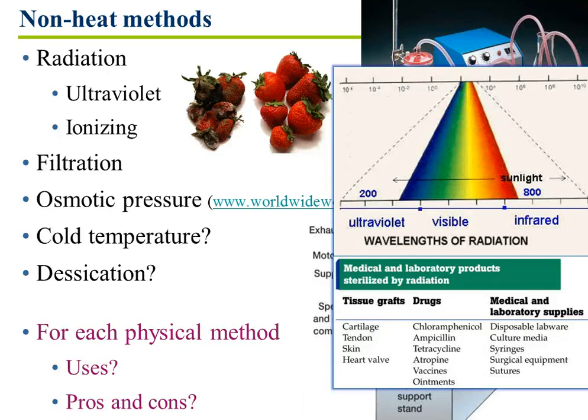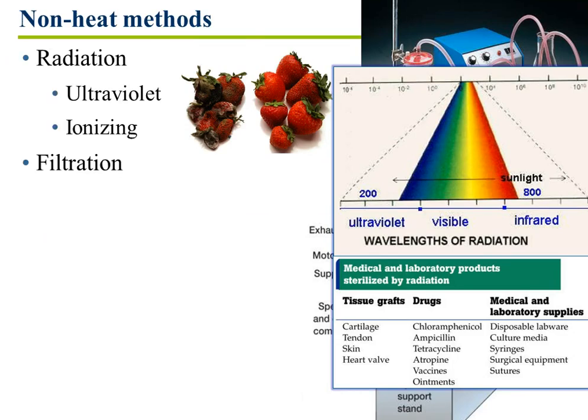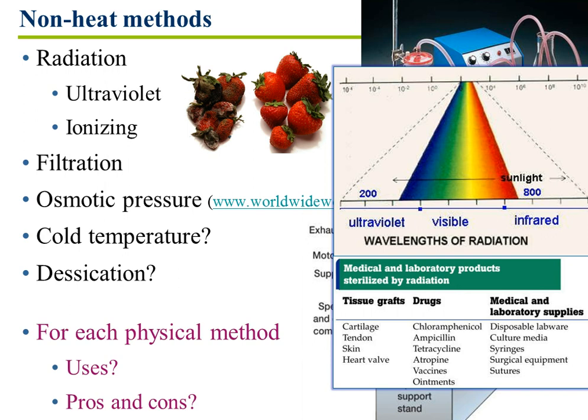And the other irradiation, ultraviolet, which is not as effective, is used quite often for surface decontamination, like if you wanted to sterilize a countertop, or sometimes they use ultraviolet to sterilize air, or I guess those would be two good examples. The difference is, let me point out on the diagram over here for radiation over on the right.